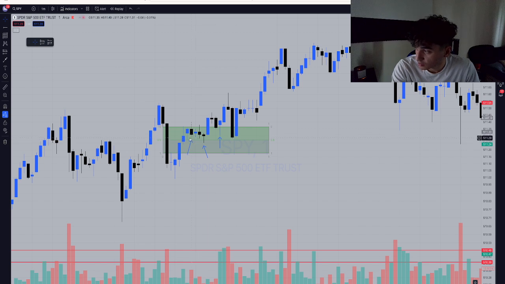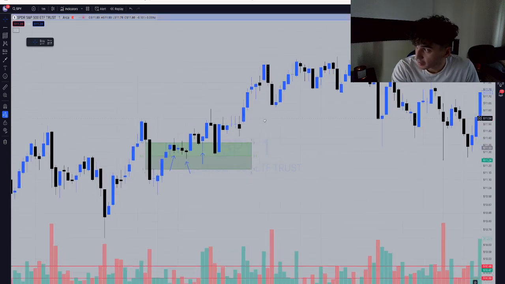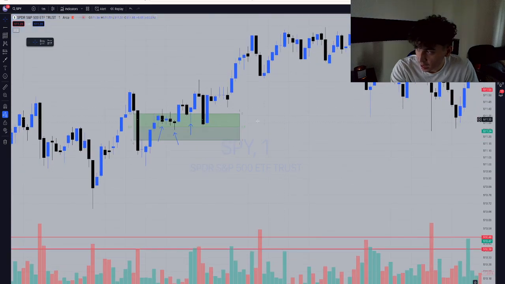Multiple times. And those buyers were holding price up. We were continuing to make higher and higher highs. And that's initially what led price to break through that fair value gap, because buyers were simply too strong, leading into that bearish fair value gap.